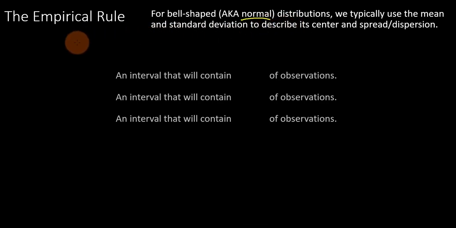And well, the empirical rule, it's kind of a set of three components, and it can branch out into many other elements. Let's look at a little picture first.